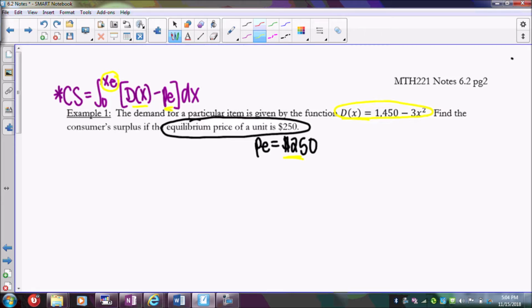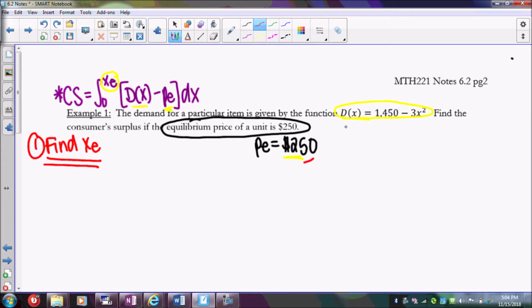So my first step before we can plug into our formula is to find x sub e. And x sub e represents the x value, or the number of units, at the equilibrium point, so when the price is equal to 250.